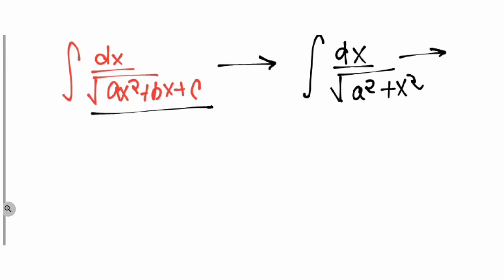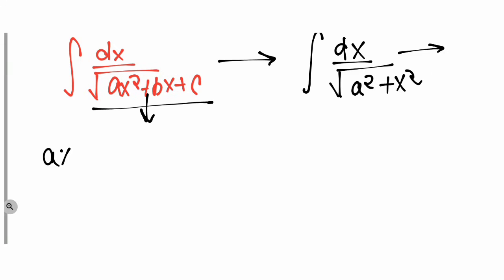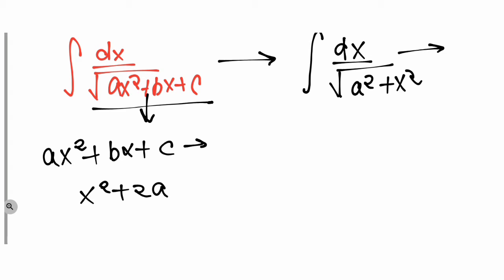So in the same way that we had previously done, we are going to make this ax square plus bx plus c a perfect square. For being a perfect square, it should be in the form of x square plus 2 alpha x plus alpha square.